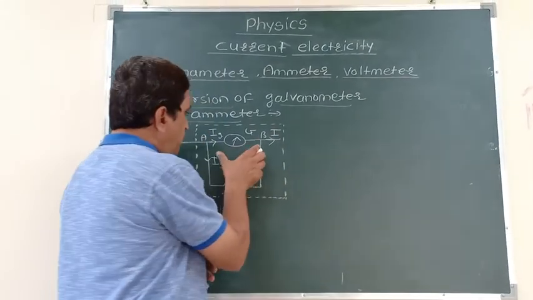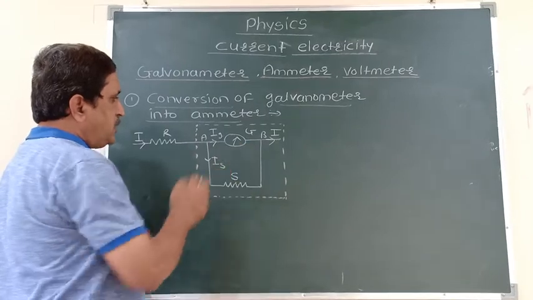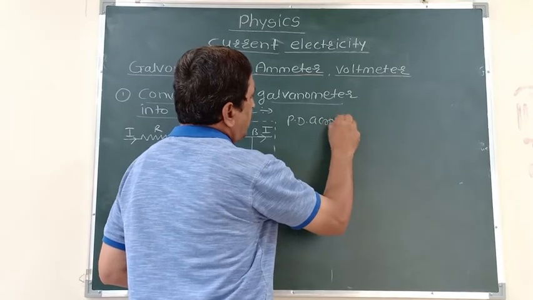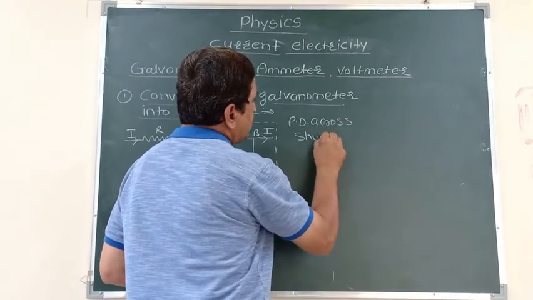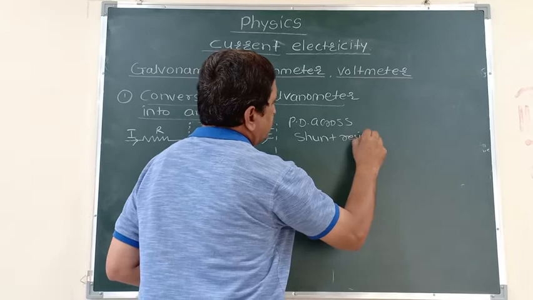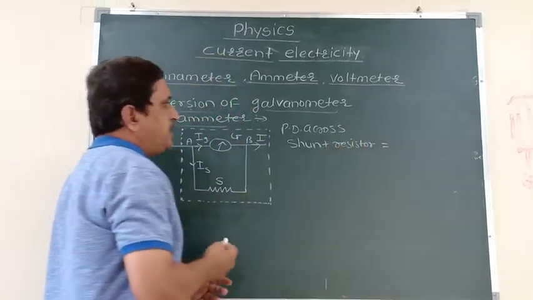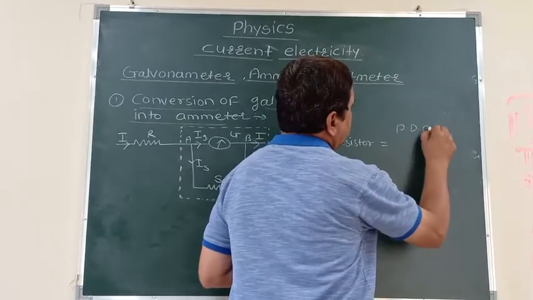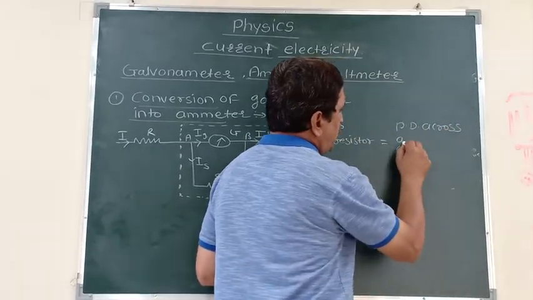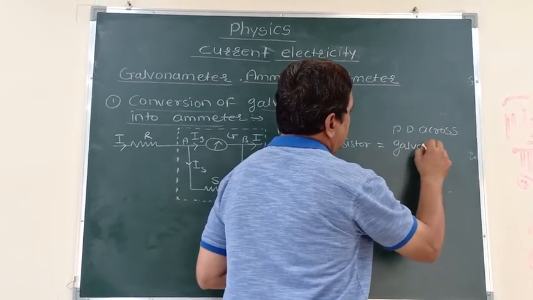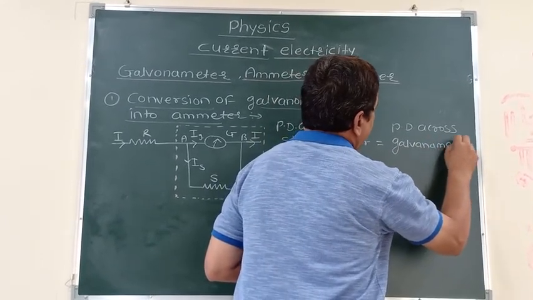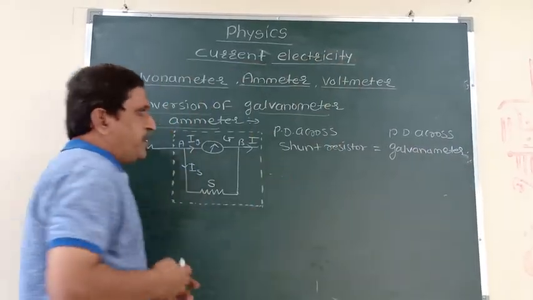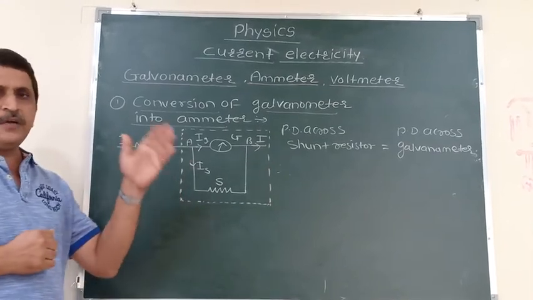If we compare this galvanometer with a shunt resistor, then we can write potential difference across shunt resistor, or indirectly we can also write potential difference across shunt is equal to potential difference across galvanometer. Now we know that potential difference means the product of current and resistance.